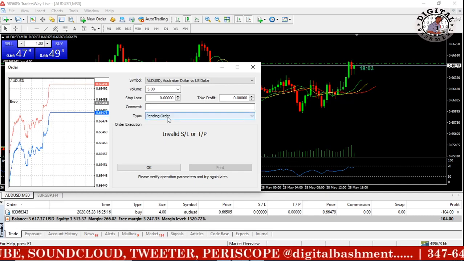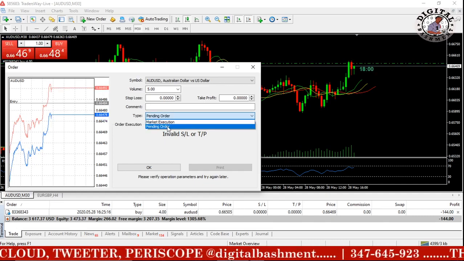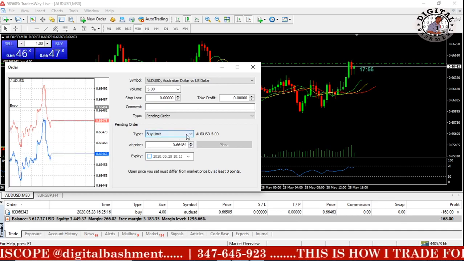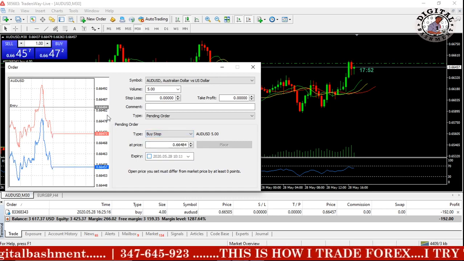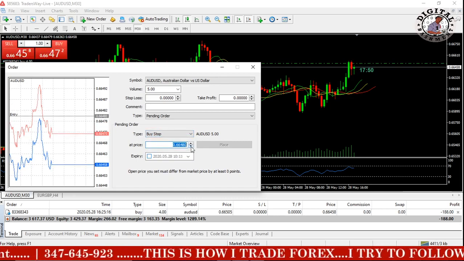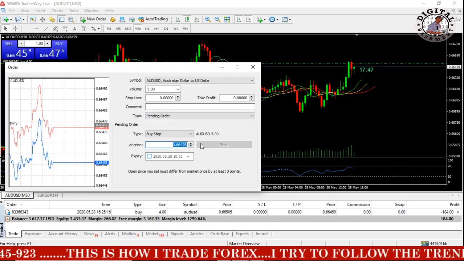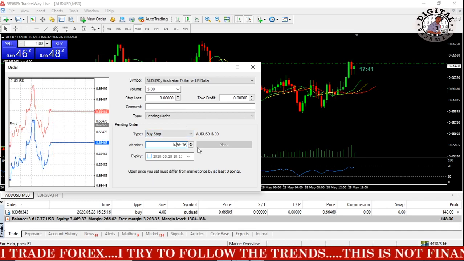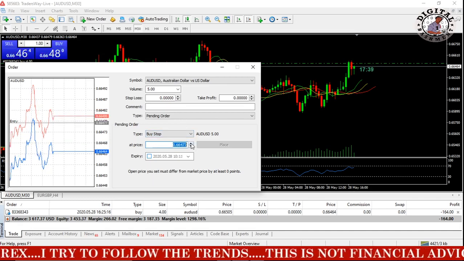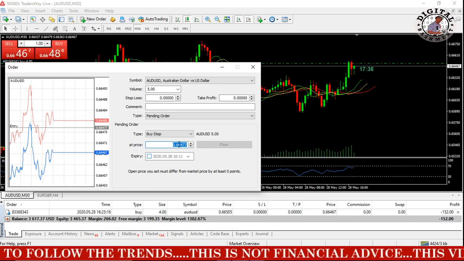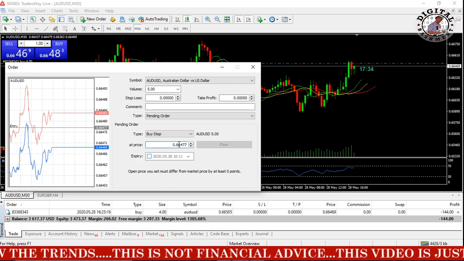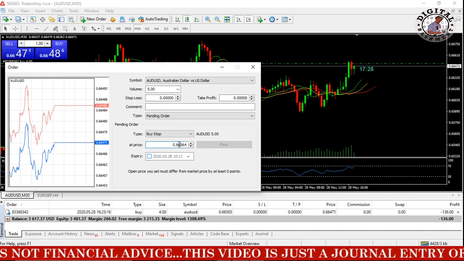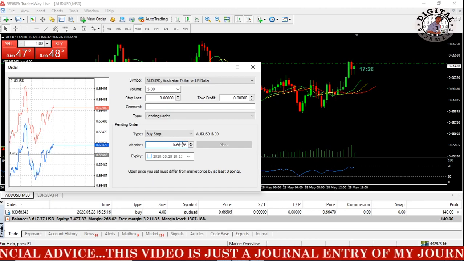Alright, the reason why this happened is because I needed to do a buy stop. Let's bring our price closer to the market price. What's happening here? 0.66, 488.